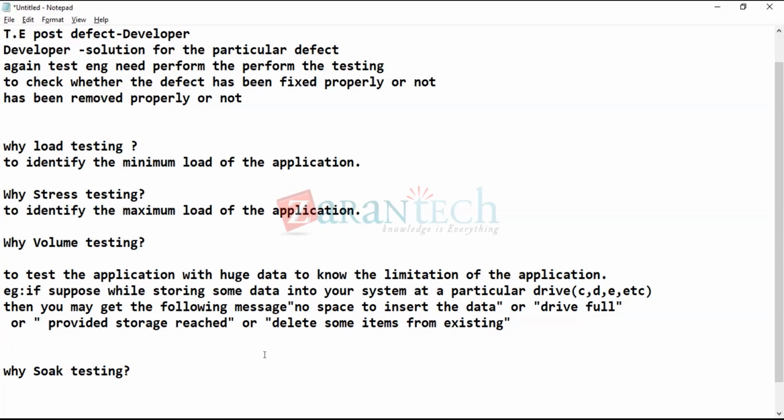Why soak testing? To know the consistency. Read it. Consistency.